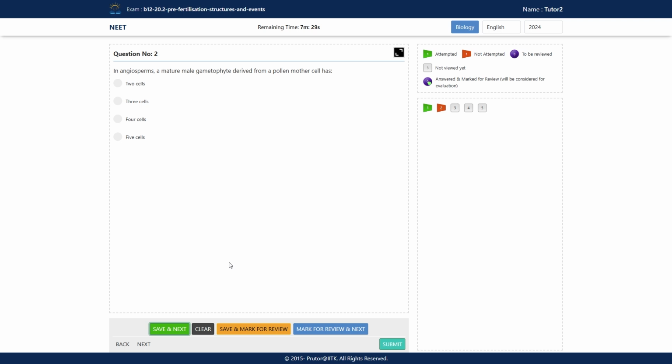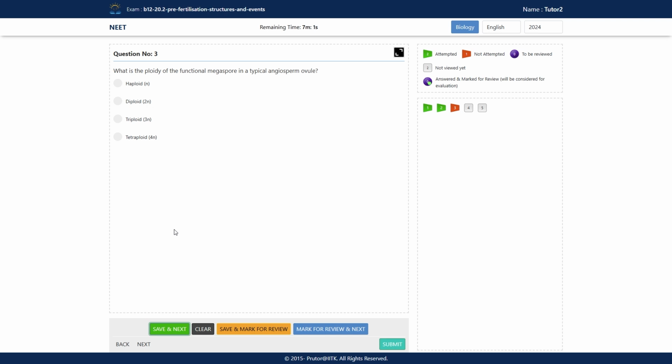There is a first meiotic division of the cell and it forms 2 cells. Later there is again a second division and they form the 3 cell stage. So I'll opt for this 3 cell stage because it is not 2 cells, 4 cells or 5 cells. So we'll save and move to the next question.